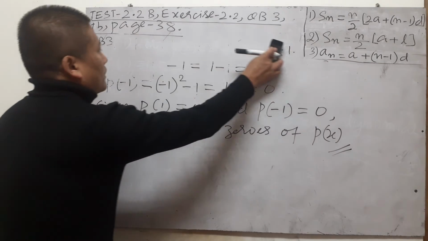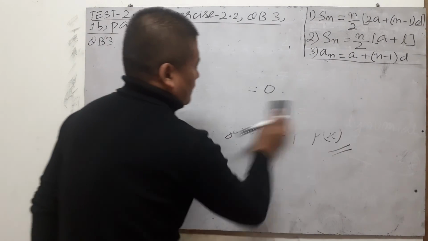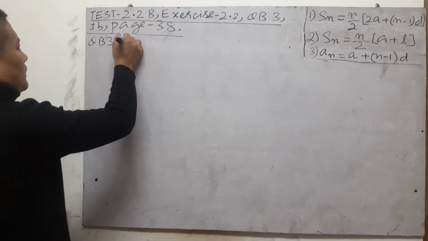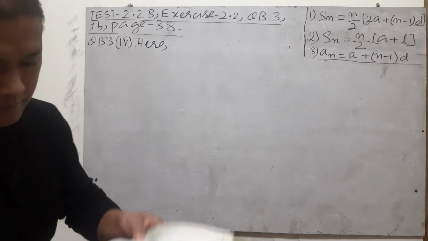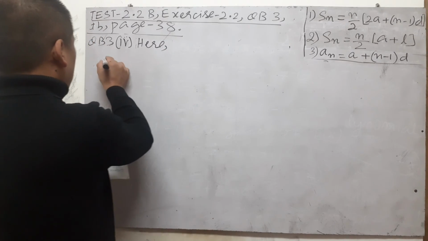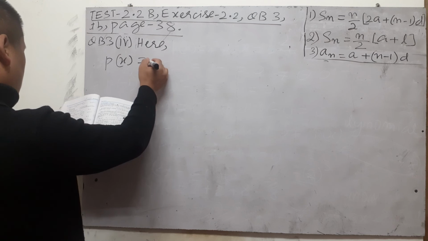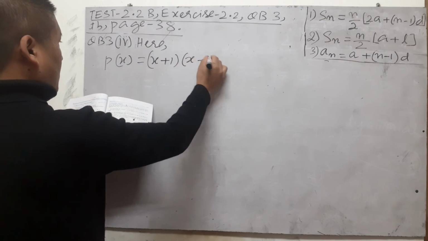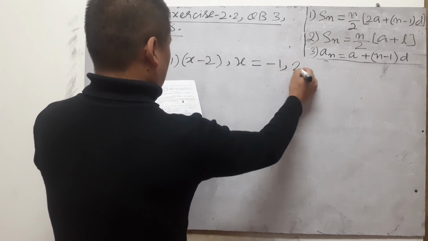And the fourth one. We are given the fourth one. p of x is given as equal to x plus 1 into x minus 2, where the x values are given, again double, minus 1 and plus 2.